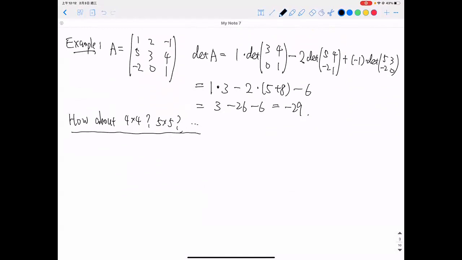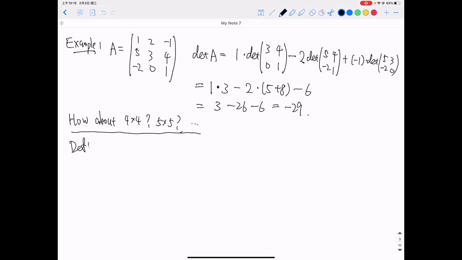Now that we've defined determinants for 2 by 2 matrices and 3 by 3 matrices, we're gonna use this definition. In the definition of determinants for 4 by 4 matrices, we're gonna use determinants for 3 by 3. In the definition for determinants for 5 by 5 matrices, we're going to use determinants for 4 by 4 matrices, and so on. And we have to sort of formalize this as follows.